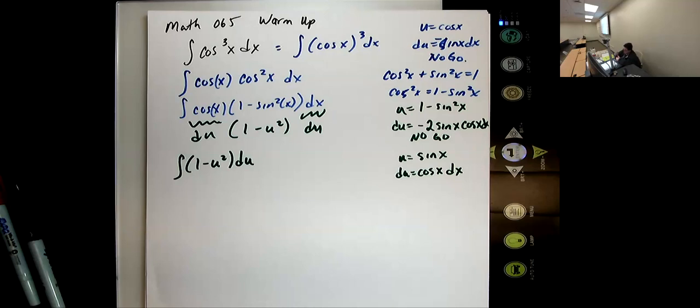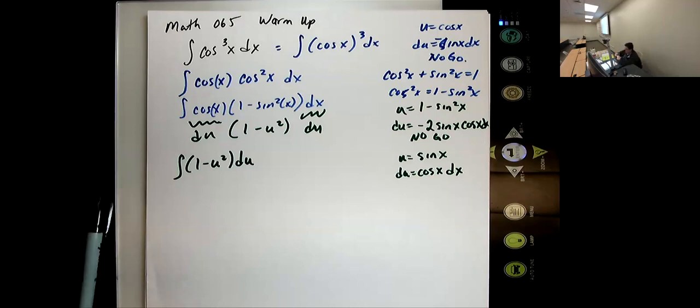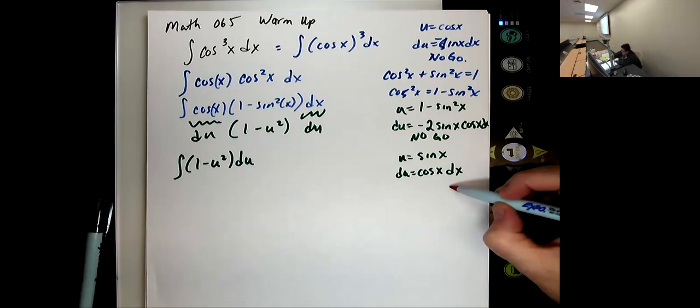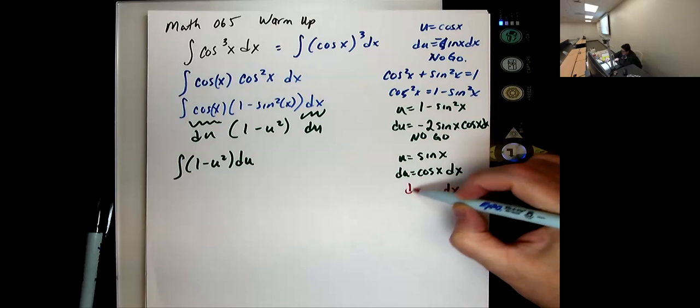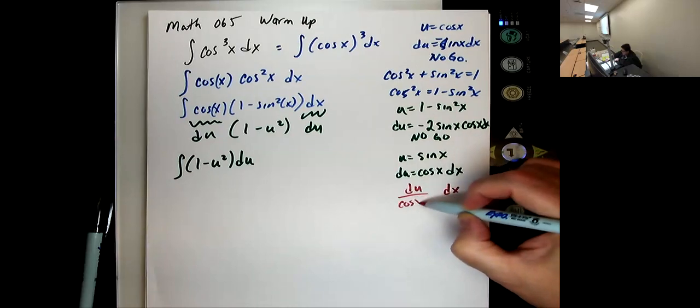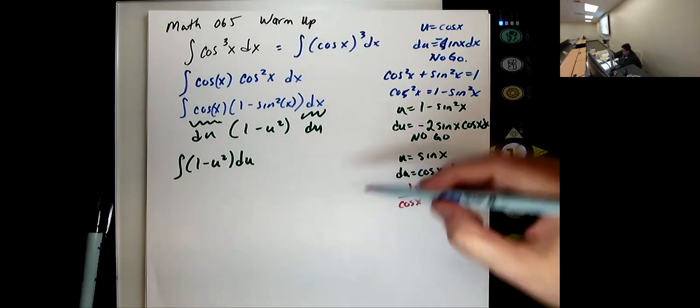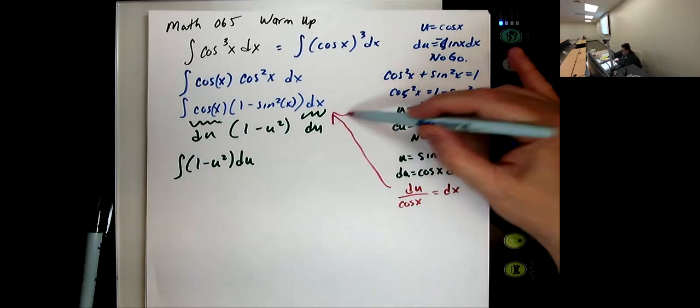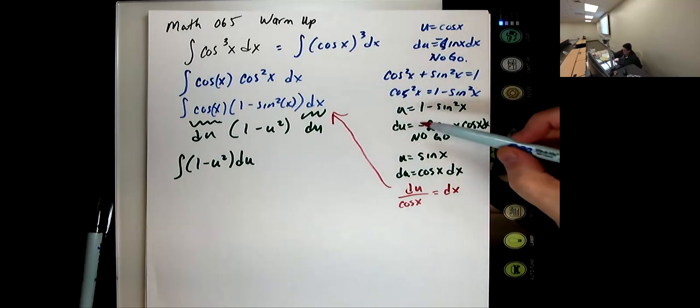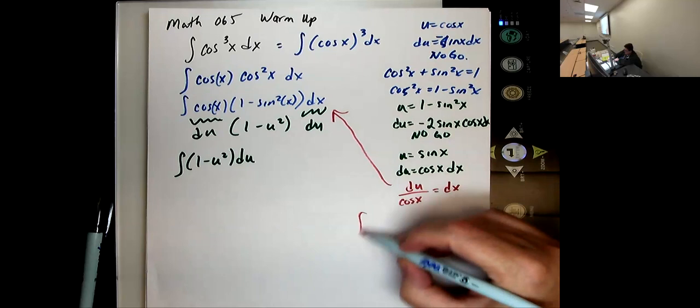I know when I was a student, I very much wanted dx by itself, and I would divide through by cosine x. So if that's what you want to do, you're more than welcome to do that. You can say du over cosine x, and then plug that in.